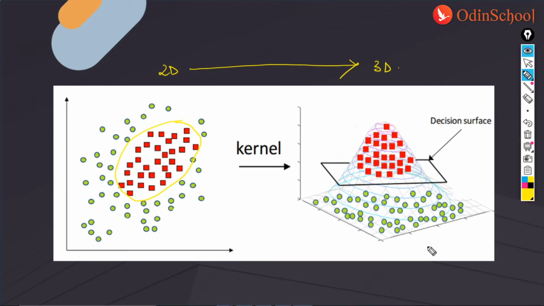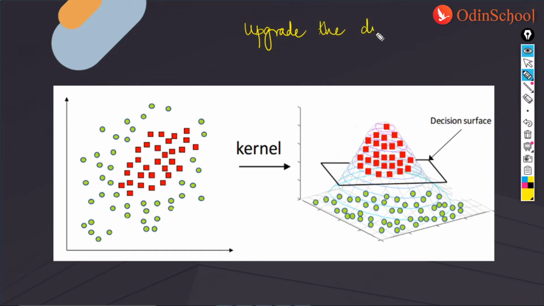Now imagine you are standing around 5 kilometers away from the mountain, then you would be able to cross sectionally divide the mountain, right? And that is exactly what is happening here. So whenever we use a kernel method, it generally transforms, or upgrades, the dimensionality.